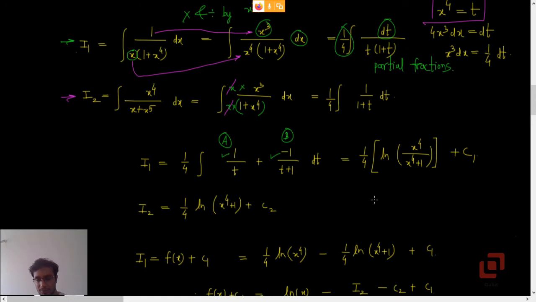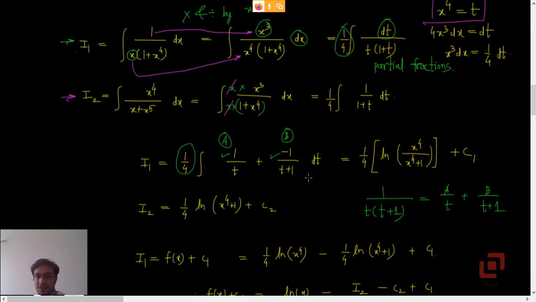So I have written this fraction 1 upon t into t plus 1 as a upon t plus b upon t plus 1. Here we have linear non-repeated factors, so we can use the shortcut. If you use it, the values of the coefficients a and b will turn out to be 1 and -1. Do not forget this 1 upon 4.